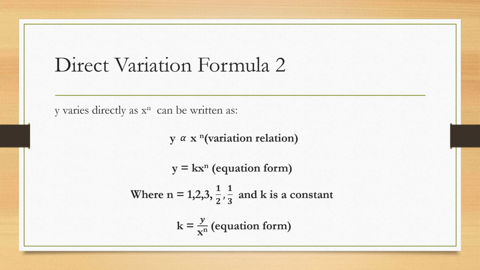You could also, like before in the formula, usually the question would need you to find k, so you need to change the x exponent n to here, and we become like this.